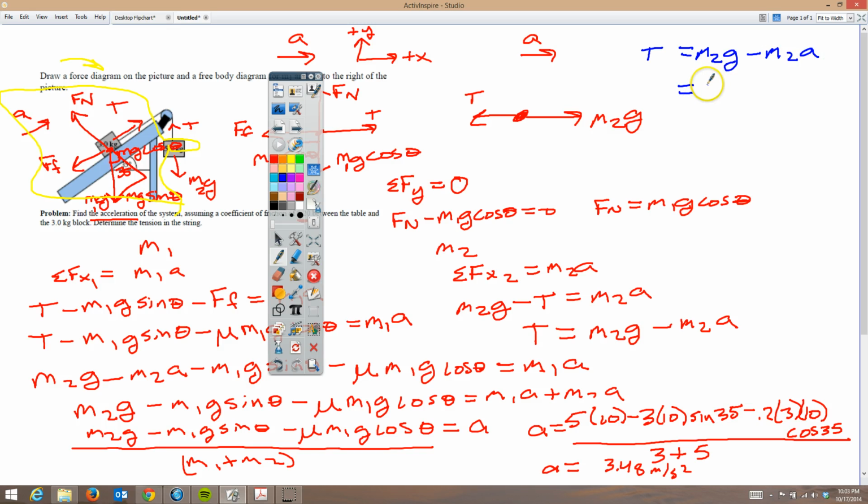The second mass, if you remember looking right here, is 5. So that's 5 times 10 minus 5 times what we got for acceleration, 3.48. If you do your math, you should end up with 32.6 newtons, and that is the absolute final answer for the tension in the string. And that is how you do the fourth example.